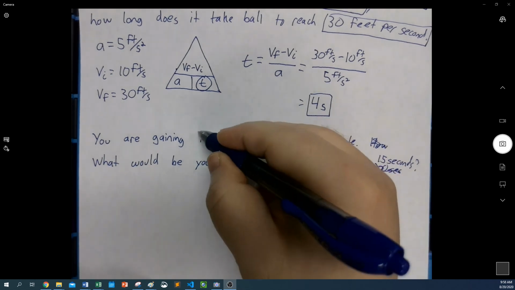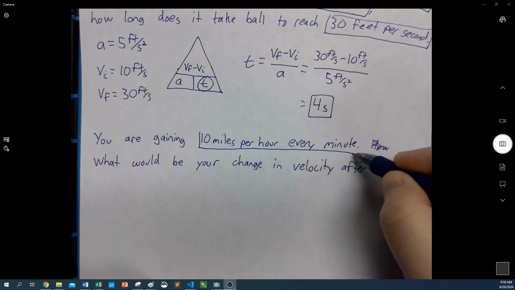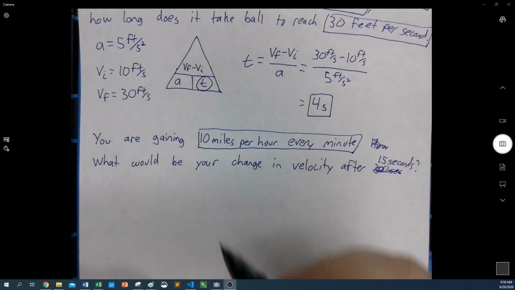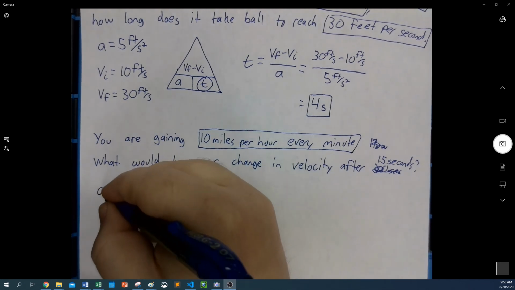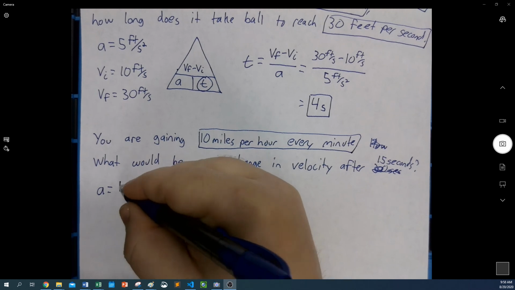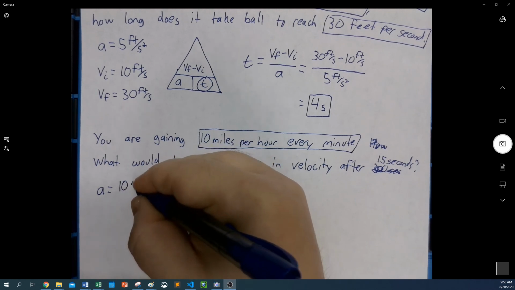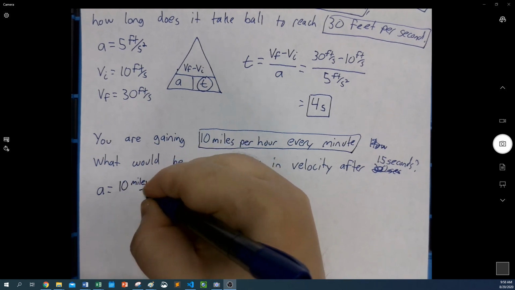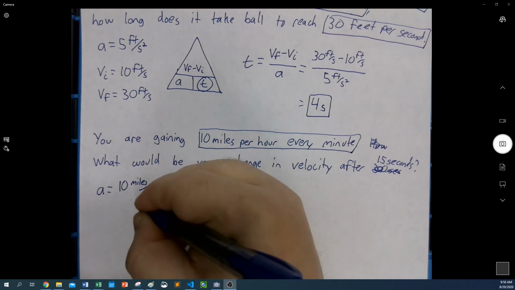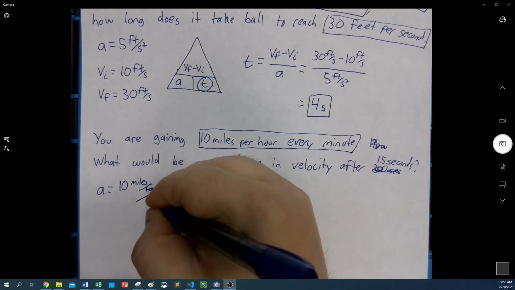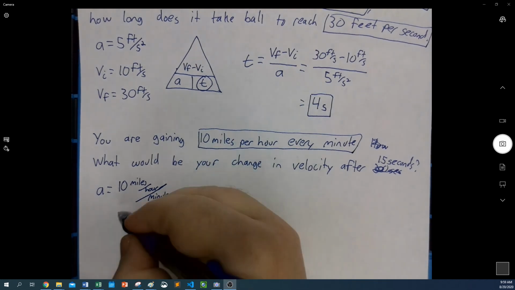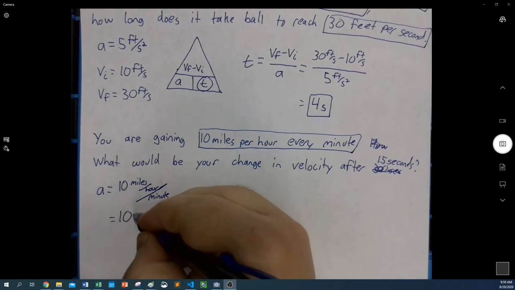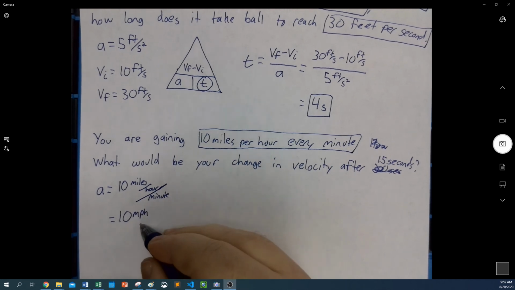So this is your acceleration. Your acceleration is 10 miles per hour per minute. Another way of writing it is 10 miles per hour per minute.